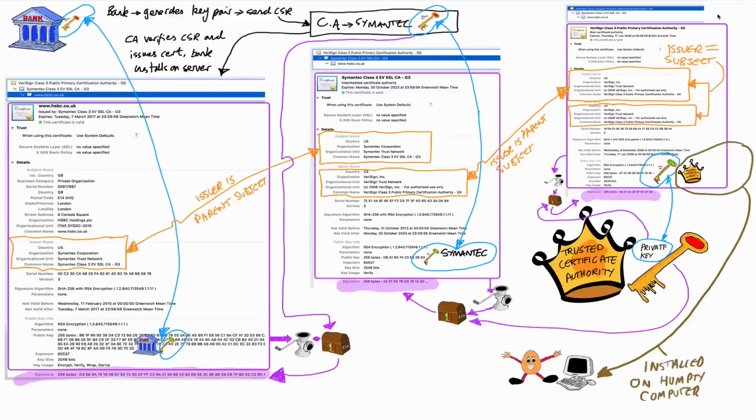Self-signed certificate means that you take your certificate, including your subject, your issuer, your public key, your expiry date, all that cool information about your SSL certificate, and you're going to hash that using SHA. This one is actually using SHA-1, which is supposedly on the way out, so we'll do a separate video on that as well.